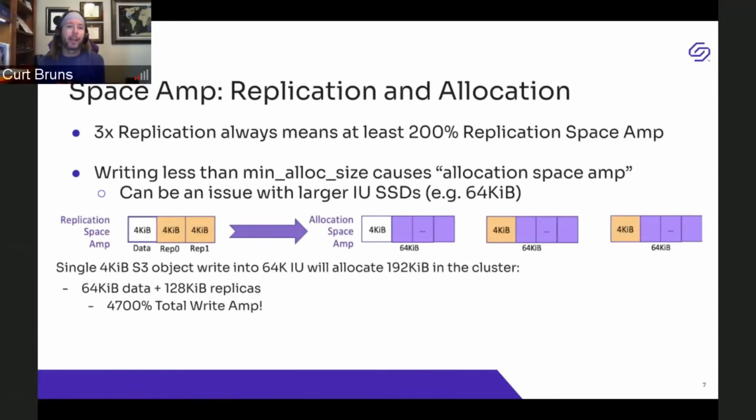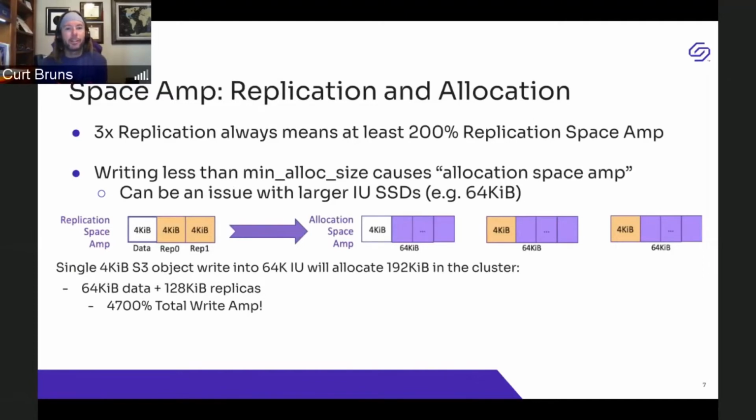So you're basically allocating 2 times more, or 2 additional copies for every 1 data copy. Now, a problem you can have, what I mentioned, is writing less than that min-alloc size we just talked about. That causes allocation space amplification. May not be that big of an issue with 4K.